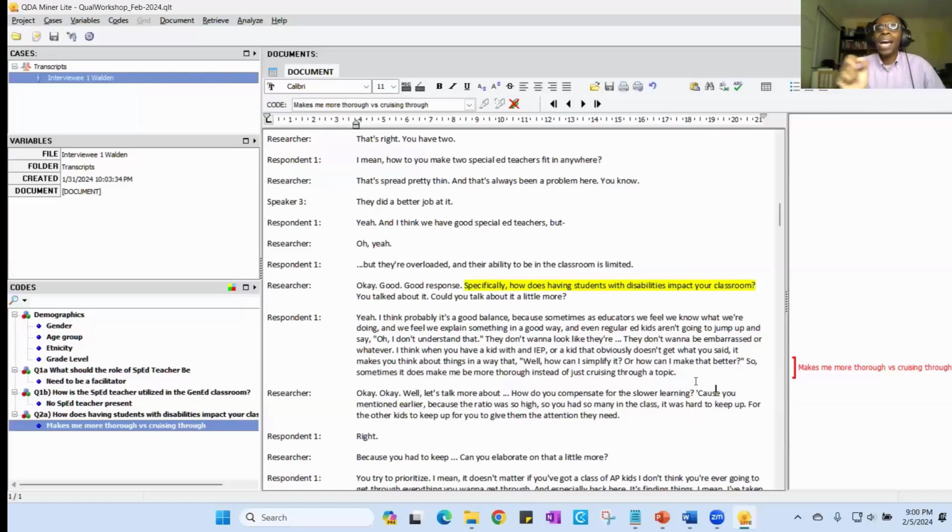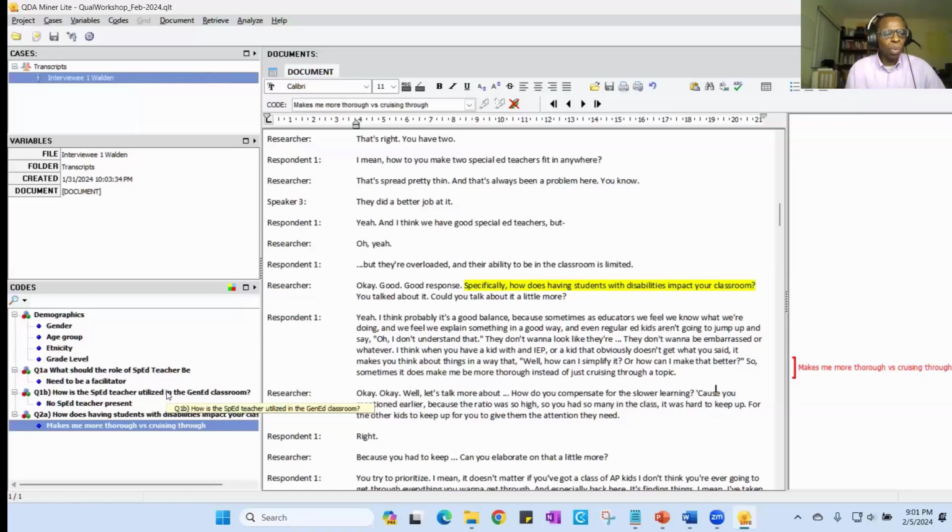The only reason why you do them in color is so that you can keep track in your mind which ones go where. But you see it over here already, right? That list under Q1A is going to get longer and longer, and the list under Q1B is going to get longer and longer. Q2A is going to get longer and longer.